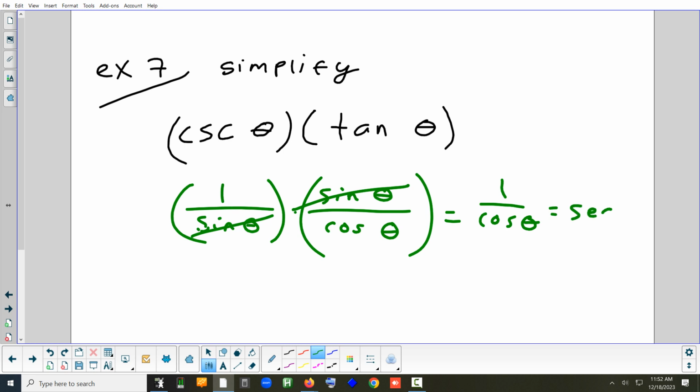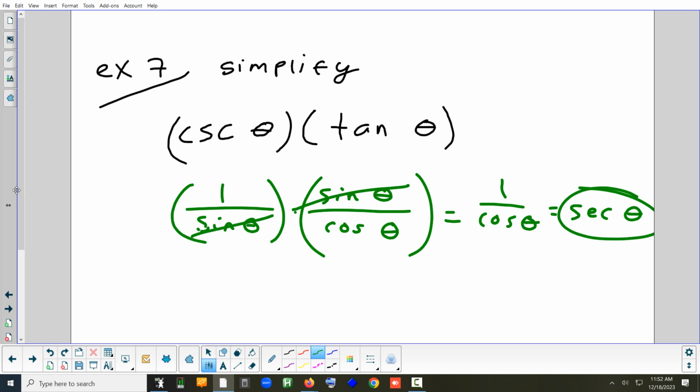Perfect. Exactly. So the whole point is we started with two trig functions that were multiplied together, and we found a simpler way to say that. This is just the secant. And it's a lot easier to work with just secant than cosecant times tan.